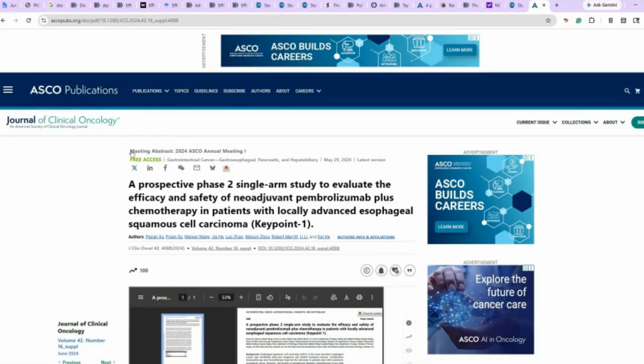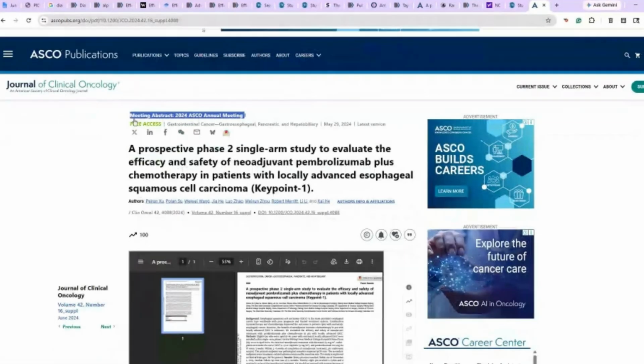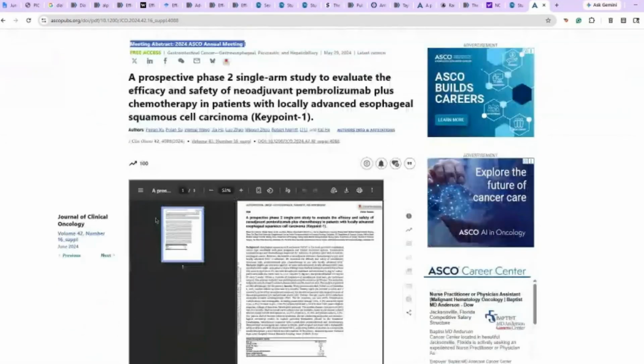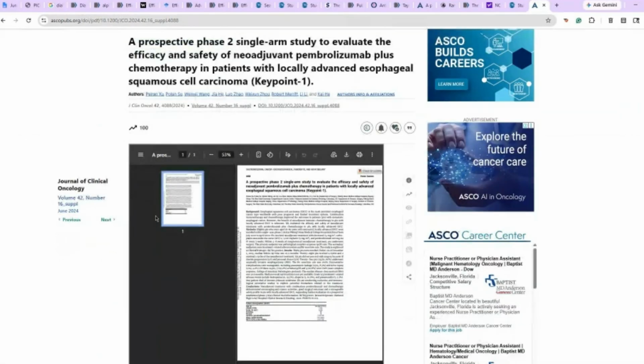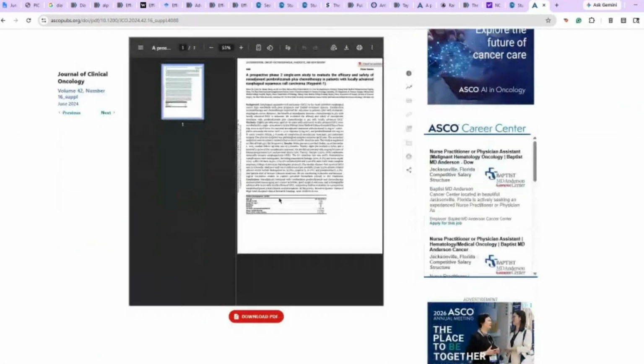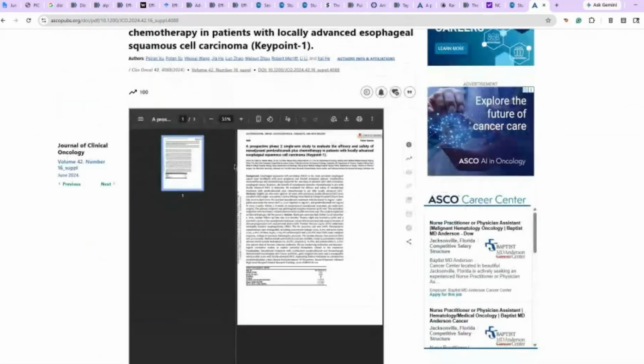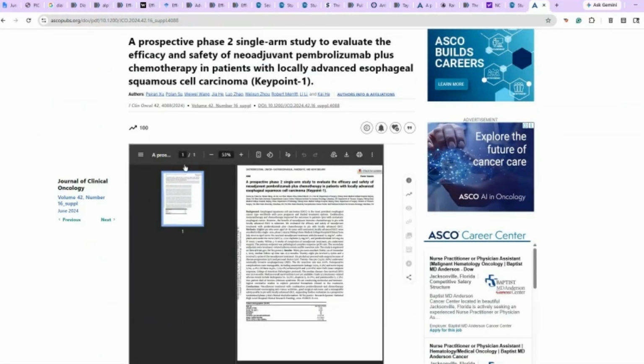You see how this top part mentions that this is a meeting abstract, 224 ASCO annual meeting. So from this I can tell that, okay, maybe this is just an abstract. And when I move down, abstracts usually have a unique number to them, and if you can find that, you can be sure that this is only an abstract.